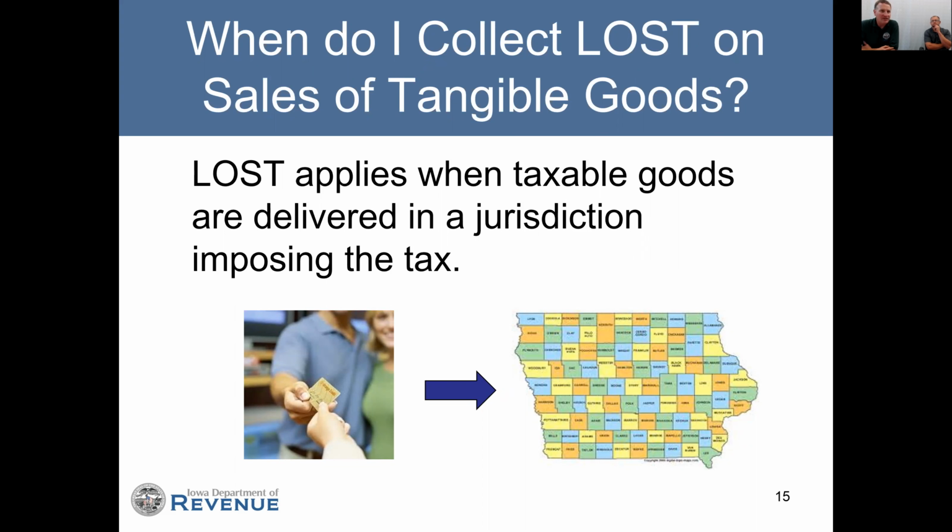If I stop off in Davenport and purchase some taxable tangible personal property and take it with me right there, I'm going to end up paying the local option tax rate in Scott County. If I go to Des Moines, the city of Des Moines does not have a local option sales tax at this time. If I pick up something in Des Moines and take it home, I do not owe local option sales tax because delivery occurred in an area that does not have the tax.